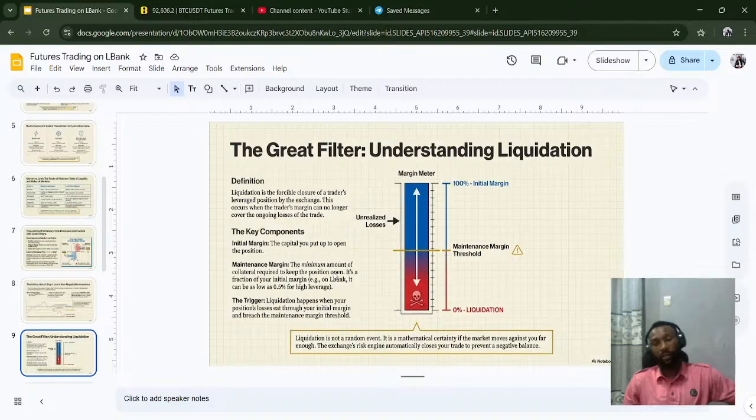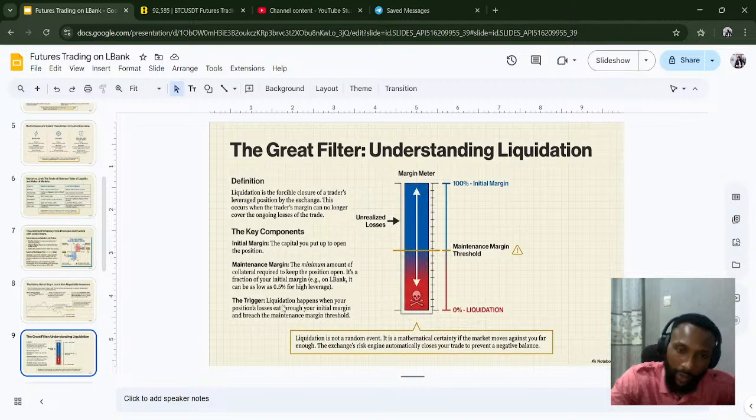So the minimum amount of collateral required to keep the position open is a fraction of your initial margin. Just a fraction. On LBank, it can be as low as 0.5% for high leverage.